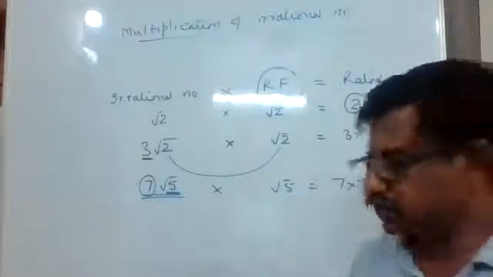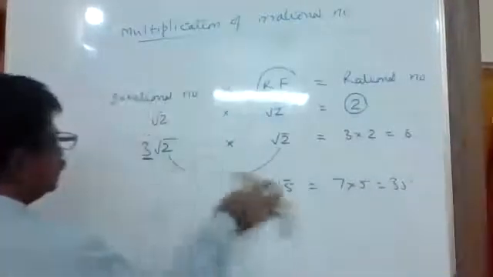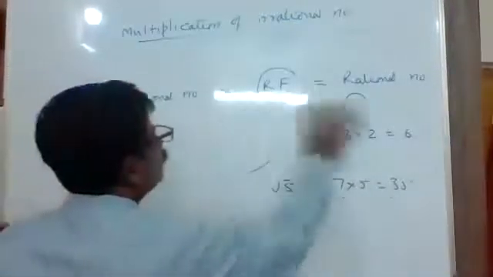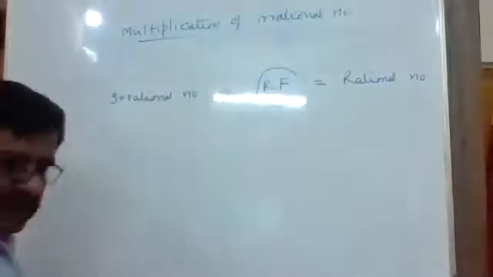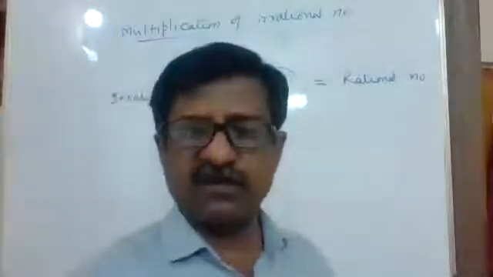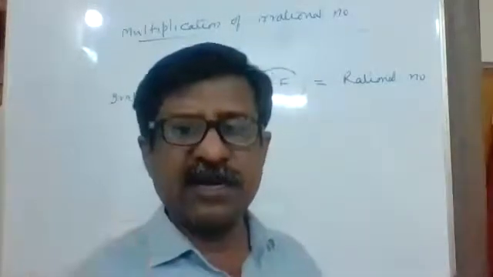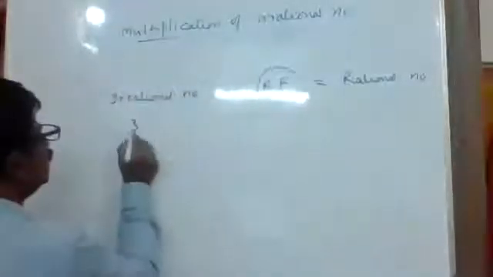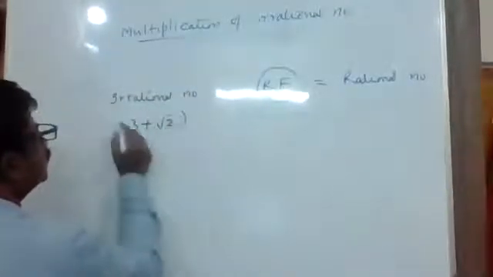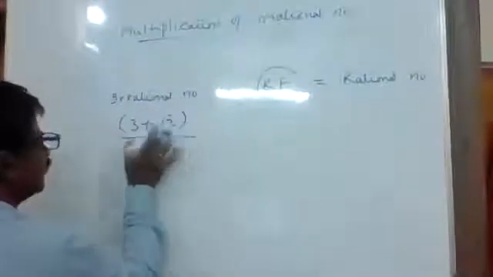Binomial, where the terms are two. And we have already written that the rationalizing factor of a binomial is its conjugate. Suppose we got 3 plus root 2. This is the irrational number we have taken.